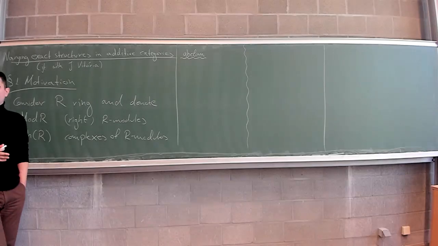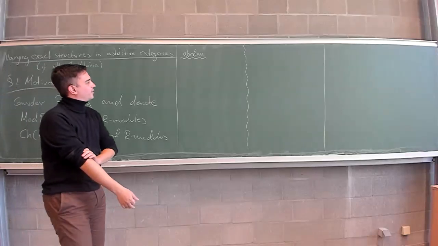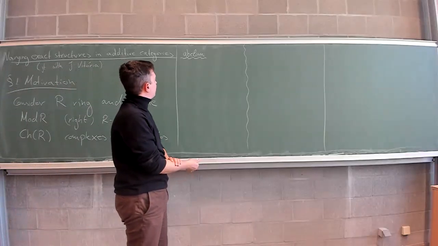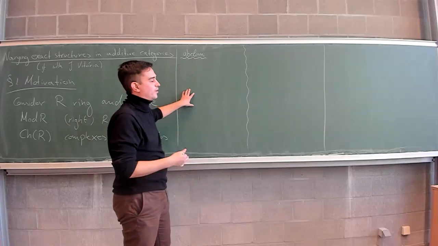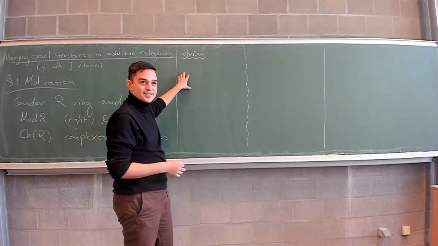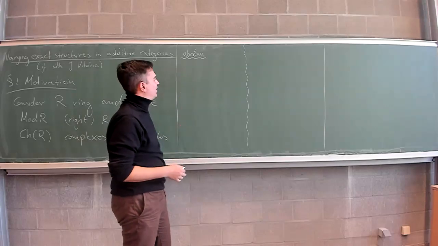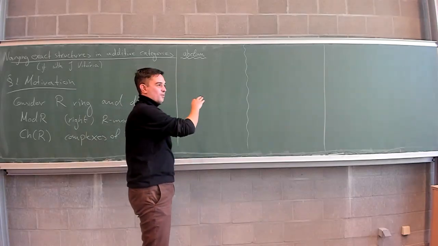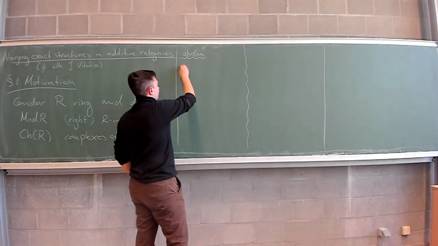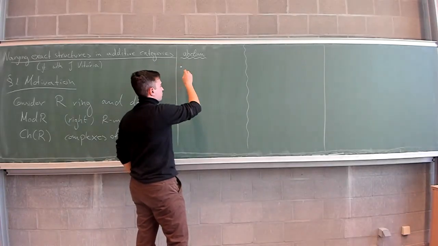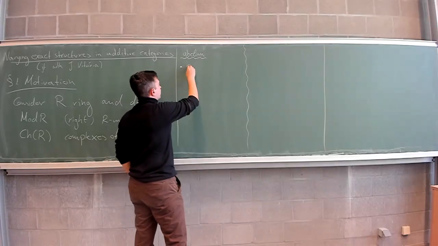So either you are or you are not. So in an abelian category, I'm going to give you some facts that work for complexes, and then we're going to see how these can be generalized in an exact category. One fact is that this category has projective objects.